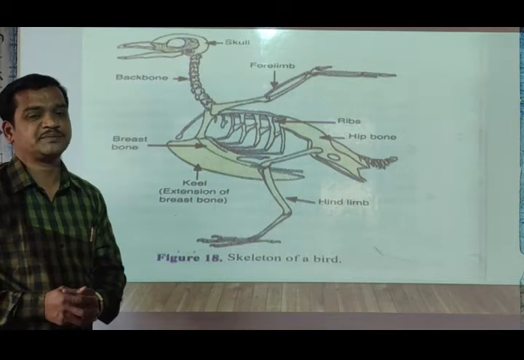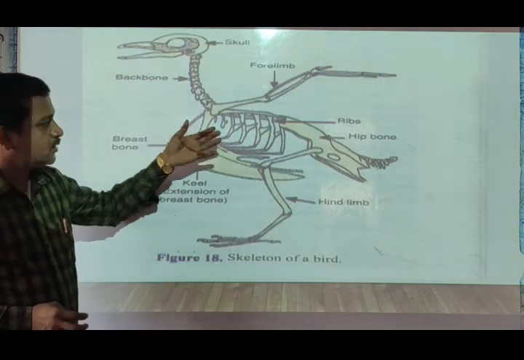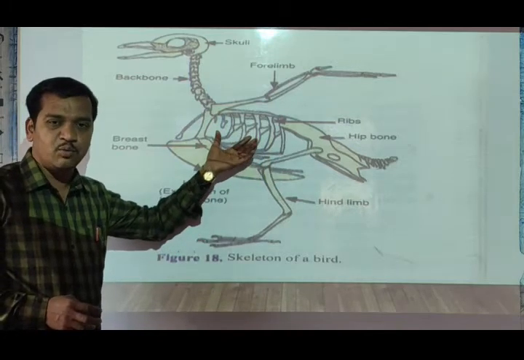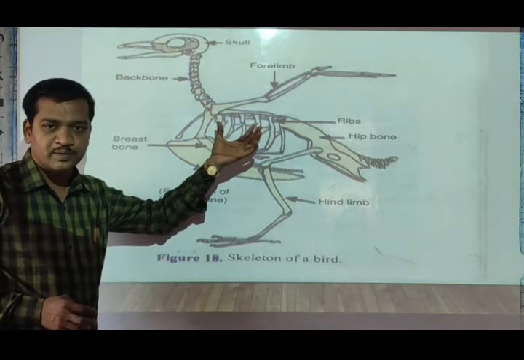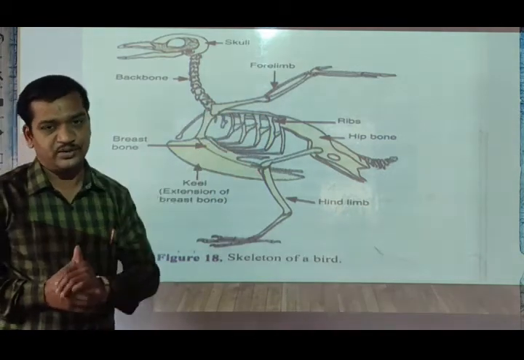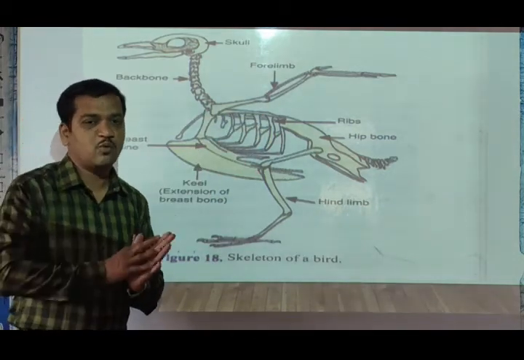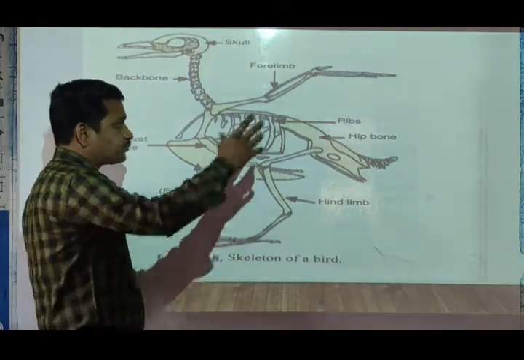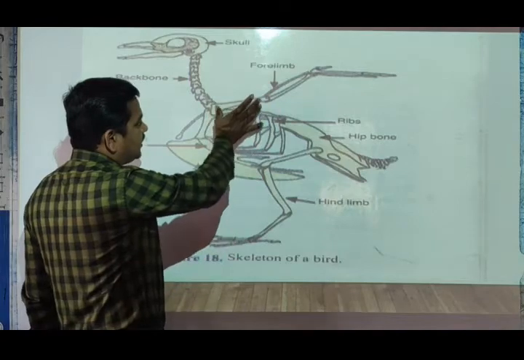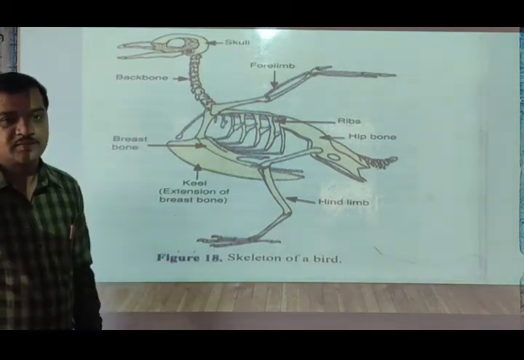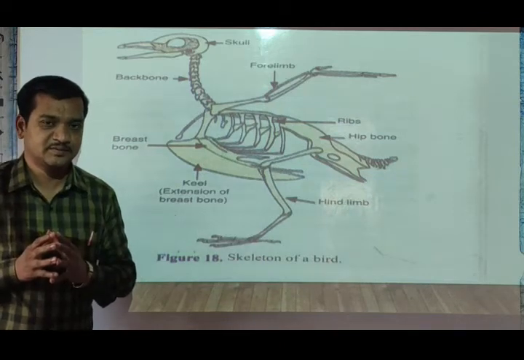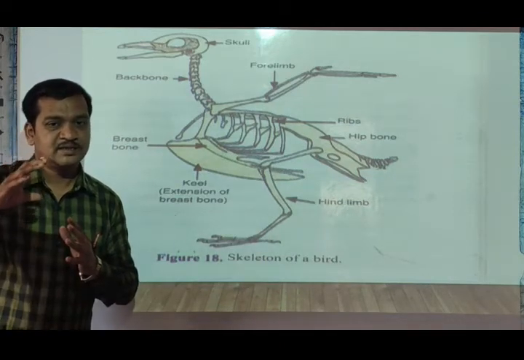Second point, the bones of birds are hollow, means empty internally, and they are light in weight. Third point, their bodies are streamlined in shape and light in weight.